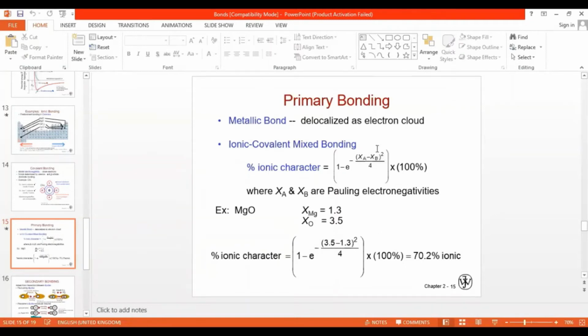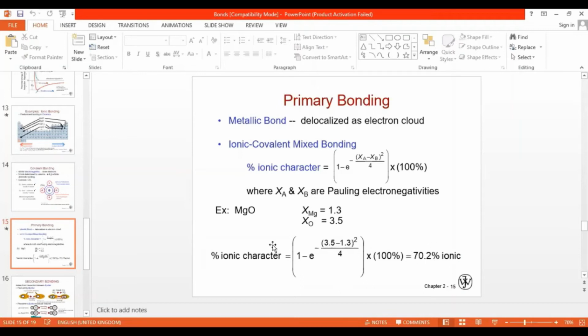That positive value divided by 4 and multiplied by minus will be a negative value. So e to the power minus gives a value between 0 and 1, and 1 minus that will give you a value between 0 and 1. So always this ionic character will be between 1 and 100.